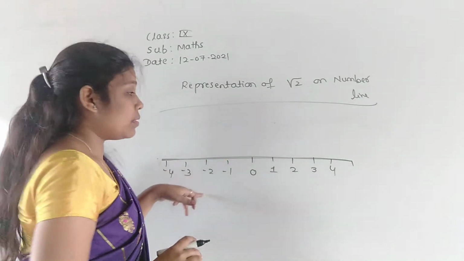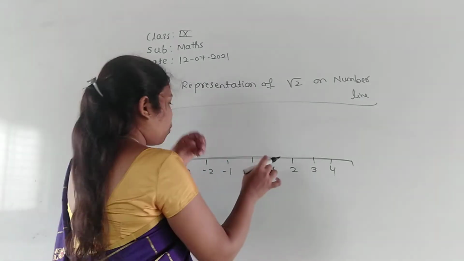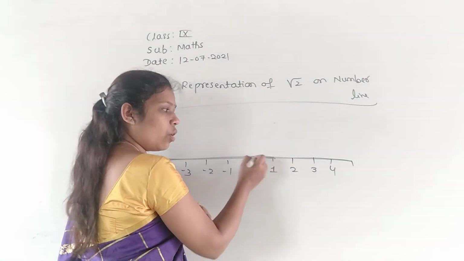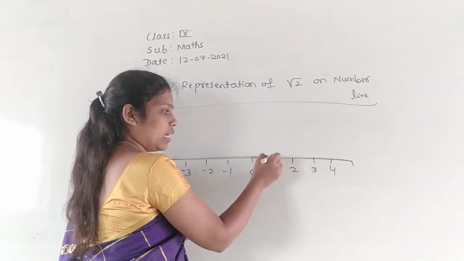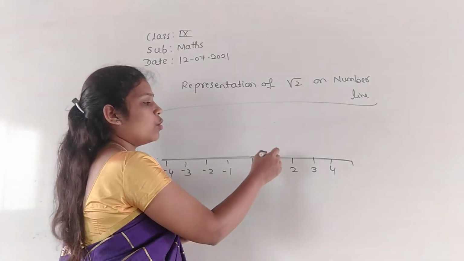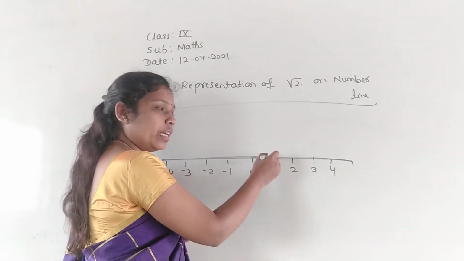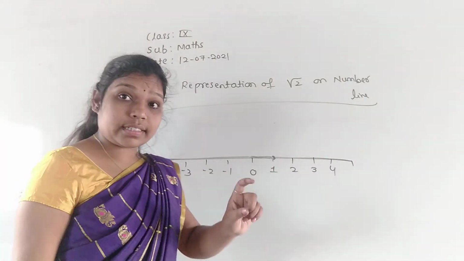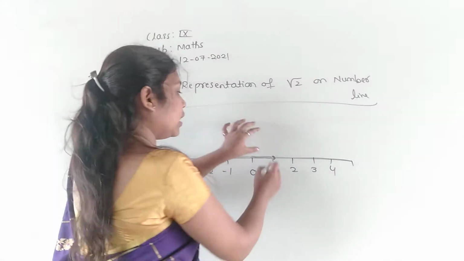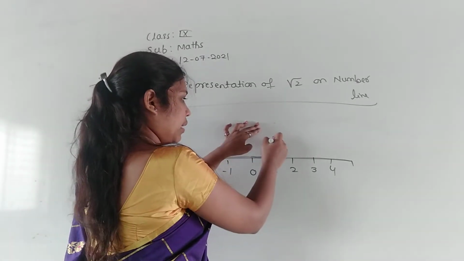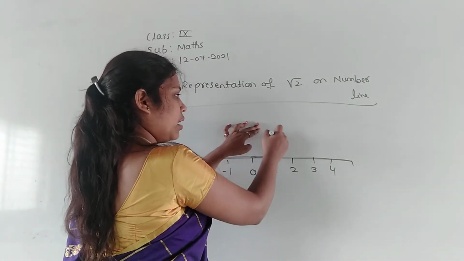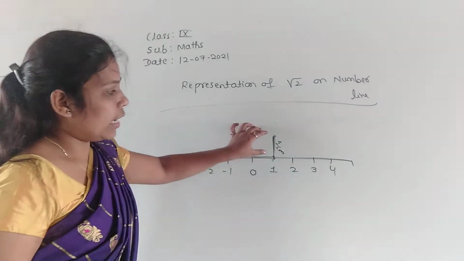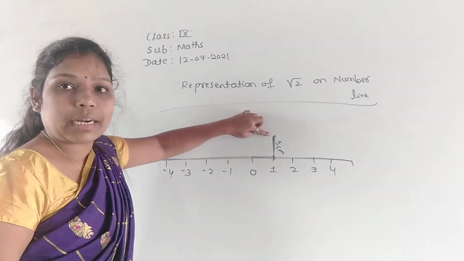How to represent it? First, using a scale, take 1 centimeter here and mark this point. After that, again using a scale, take a 1 centimeter distance and mark that point.